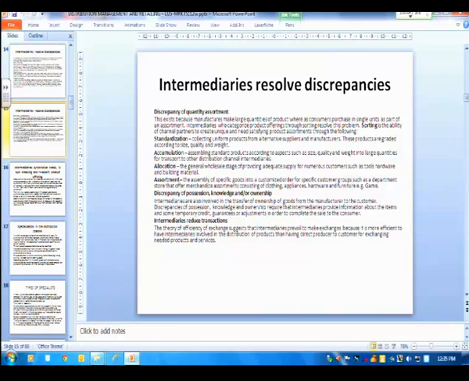Lastly, we also look at how intermediaries reduce transactions.